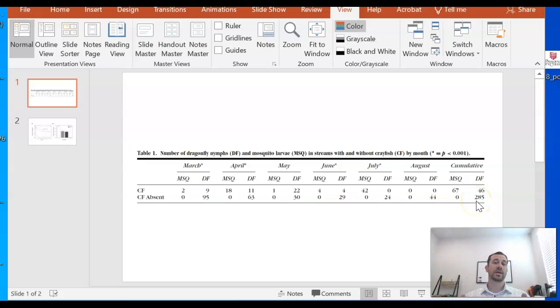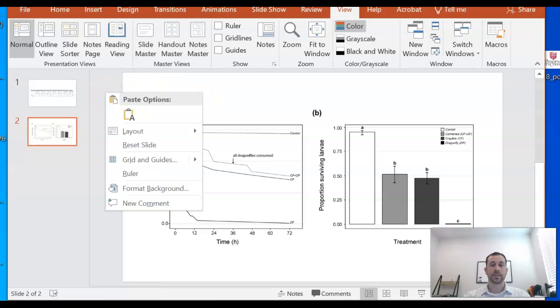So this is telling us that crayfish have a substantial effect on the ecosystem, specifically the interactions between dragonfly nymphs and mosquito larvae. That was the observational aspect of this paper.